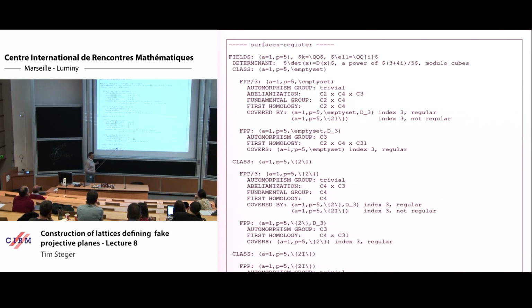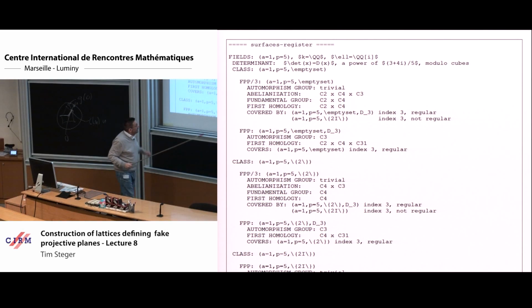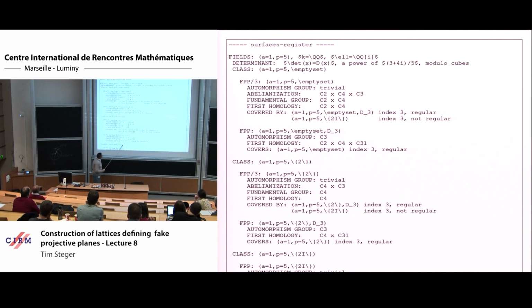So this is again, and we can also calculate the first homology, which is the same. Okay. In addition, this is quite detailed information, which possibly would be of interest to some user at some point, but it's not a fact which is mathematically fascinating. We can tell what things this is covered by. Okay, this particular surface is covered by two different fake planes, which are the ones with these symbols.